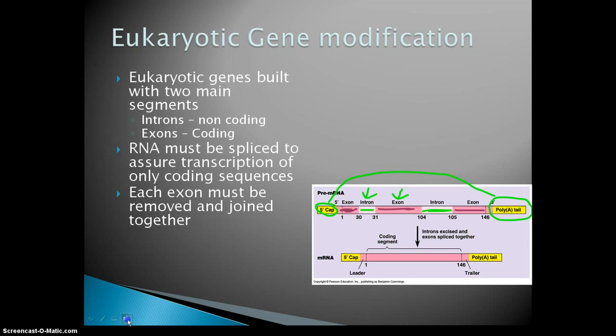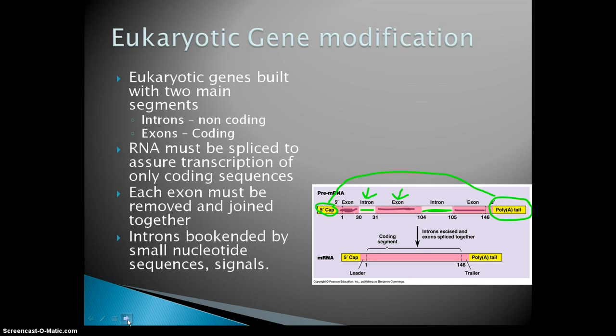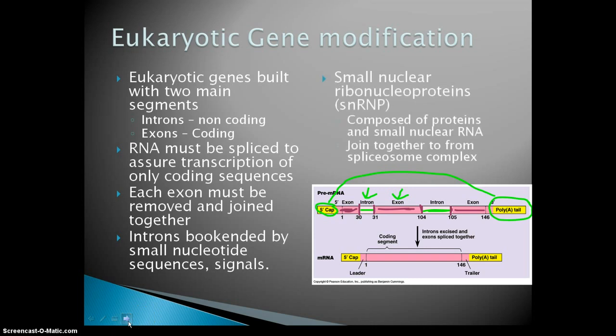So what happens is on either side of the intron, like if this is our intron, on this side right here and on this side right here are small sections of non-coding nucleotides. And it is those nucleotide sequences that are the signals for the structure, which is known as a spliceosome.